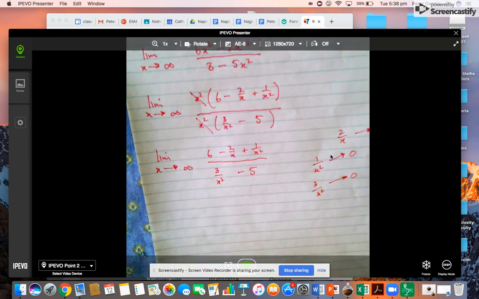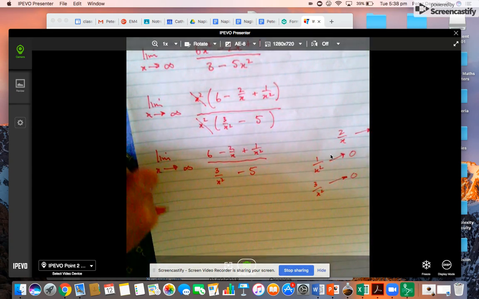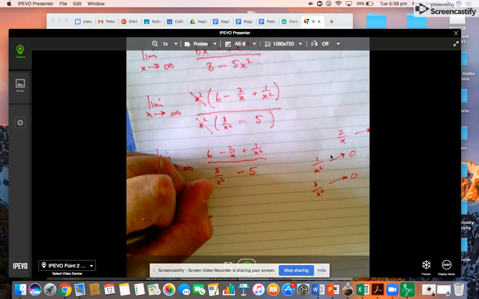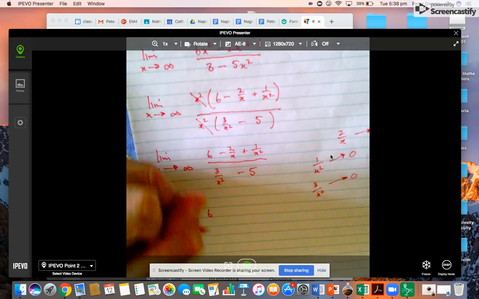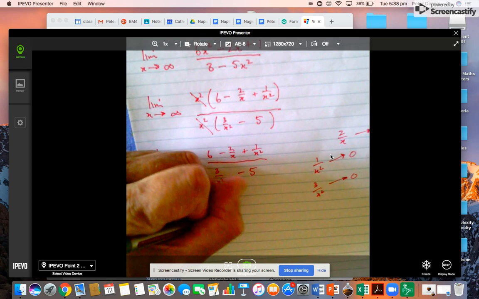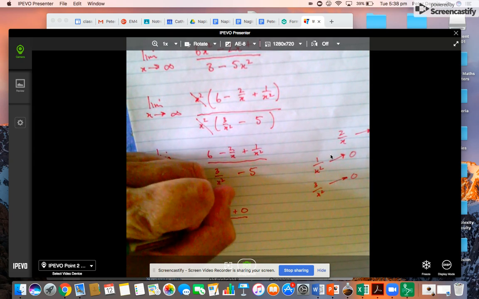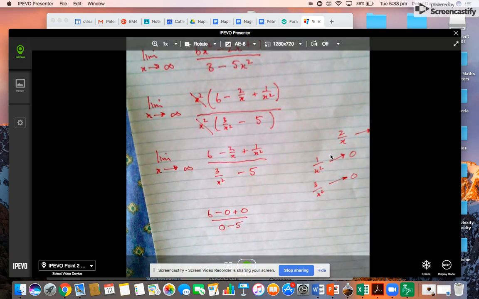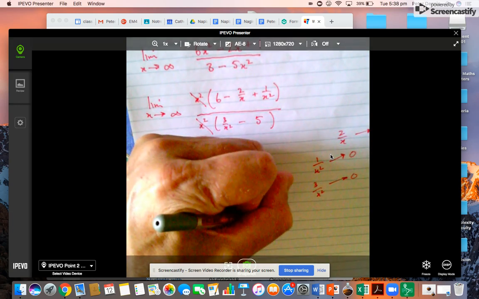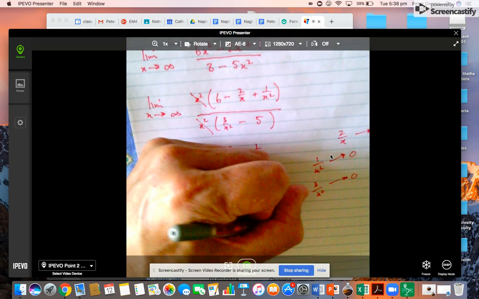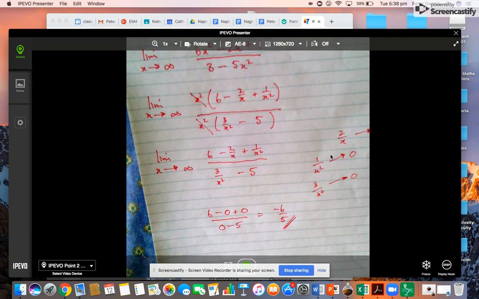That tends to 0. So as x gets larger and larger, this basically becomes 6 minus 0 plus 0 over 0 minus 5. And that is just minus 6/5. So they're the two major types we might come across when dealing with polynomials.